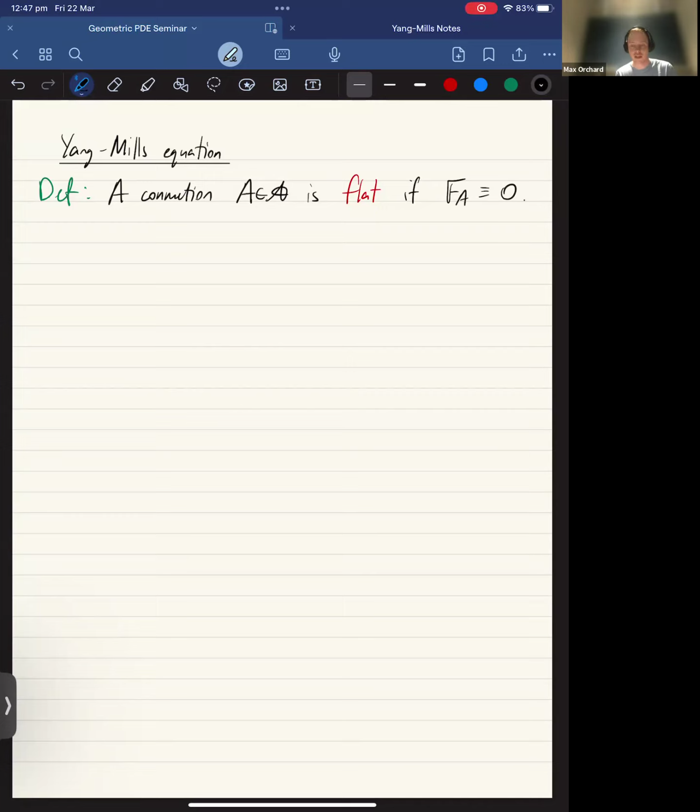And if you look at the Cartan structure equation, it turns out that the Maurer-Cartan connection plays a very crucial role in all flat connections.